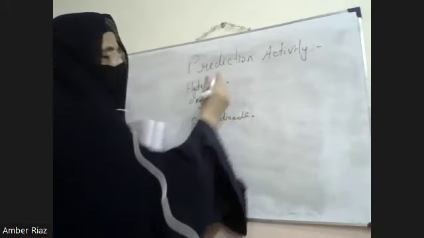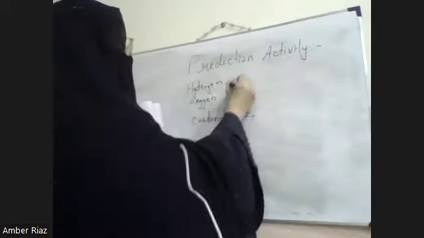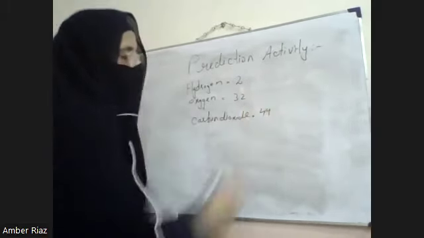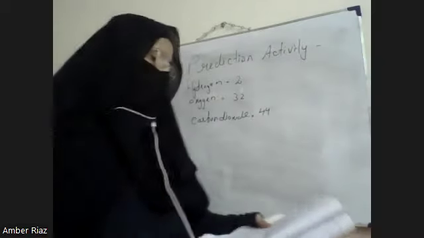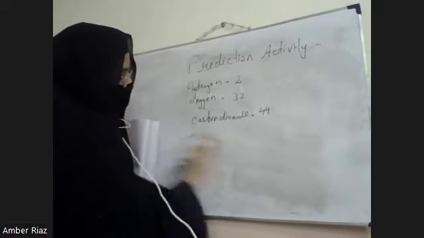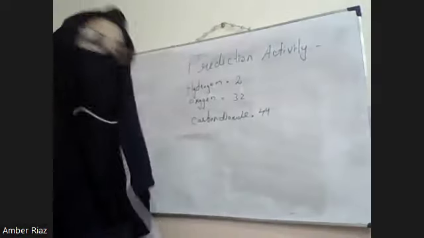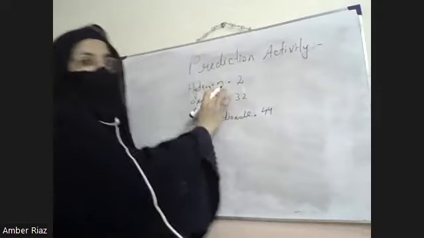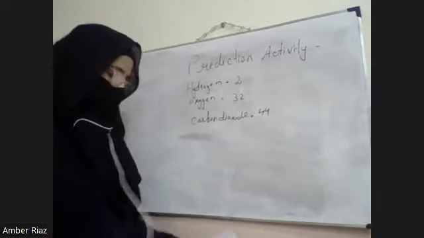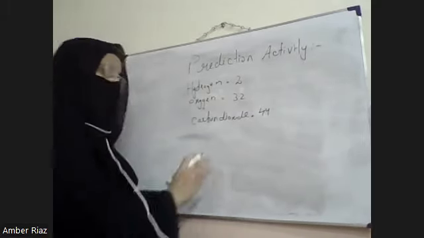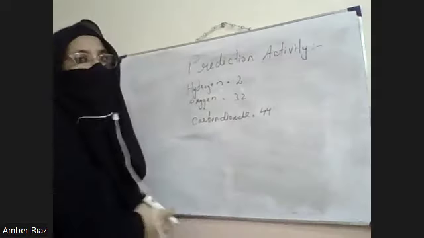The molecular weight of hydrogen gas is 2, oxygen is 32 and carbon dioxide is 44. So which gas diffuses fast? Tell me the answer. Yes, the hydrogen will diffuse fast, right? Which gas diffuses slow? Yes, the carbon dioxide diffuses slow.